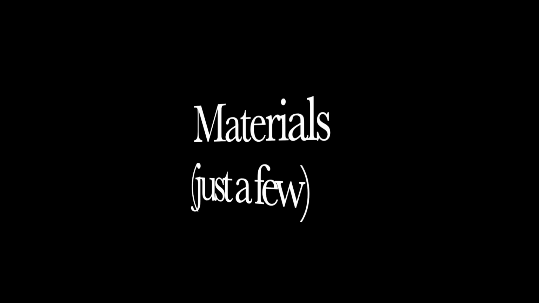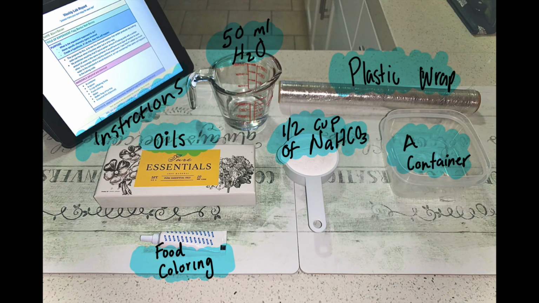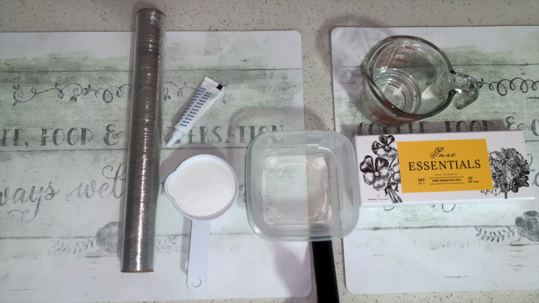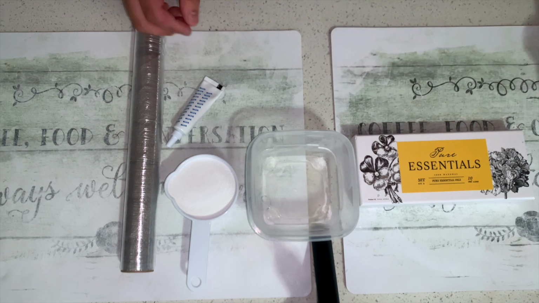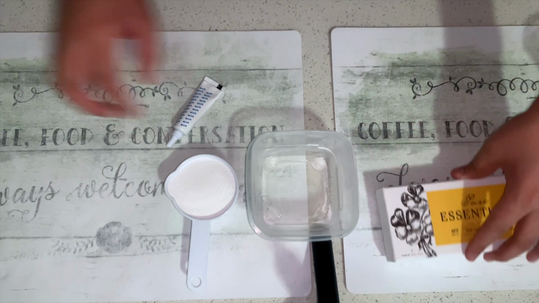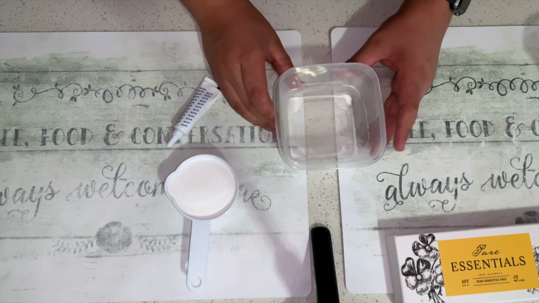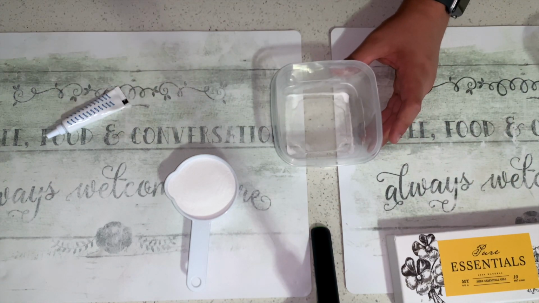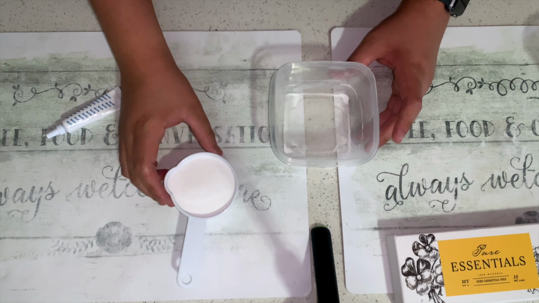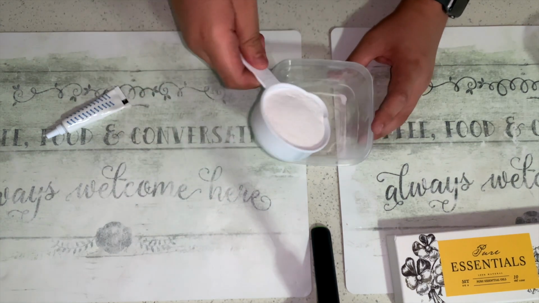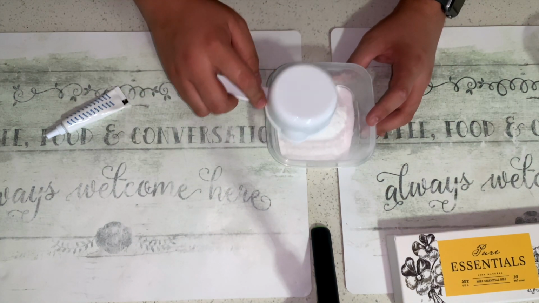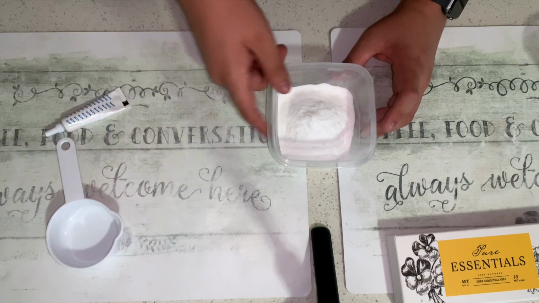The second lab I did was fizzy bombs. The materials are appearing on the screen, as you can see. The objective of this lab was to see the chemical reaction some products have, like sodium bicarbonate when it gets in contact with liquid water or acetic acid.